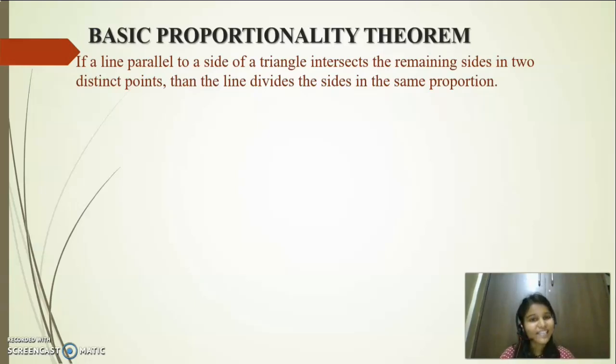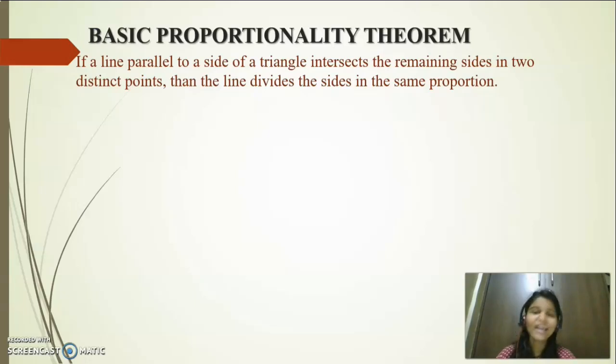So what does the statement of this basic proportionality theorem state? That if a line parallel to a side of a triangle intersects the remaining sides in two distinct points, then the line divides the sides in the same proportion.